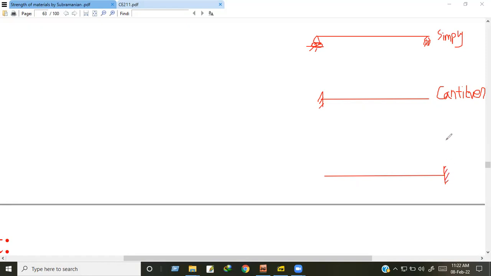Now the first is simply supported and the second is cantilever. This is the free end. This is the free end. And this is the free end.